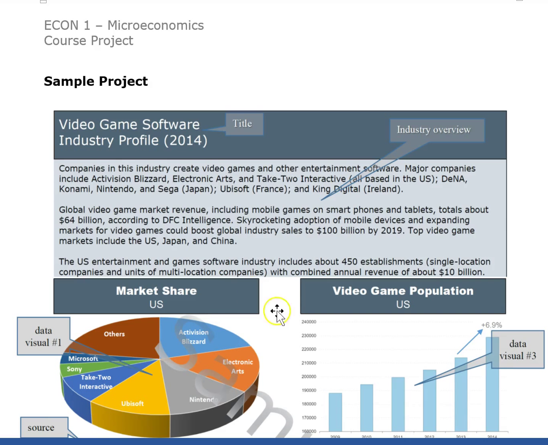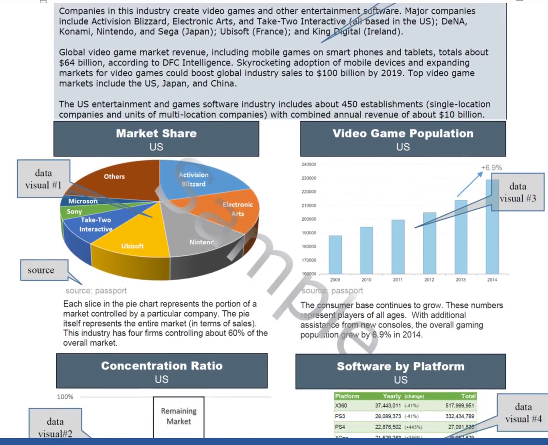It's going to be the same type of approach. And all of these little boxes that you see are representations of the type of work you need to do. So for example, you've got to create a title for your industry. You've got to give an industry overview, which is some basic facts about the industry, and then you go into the visualizations.